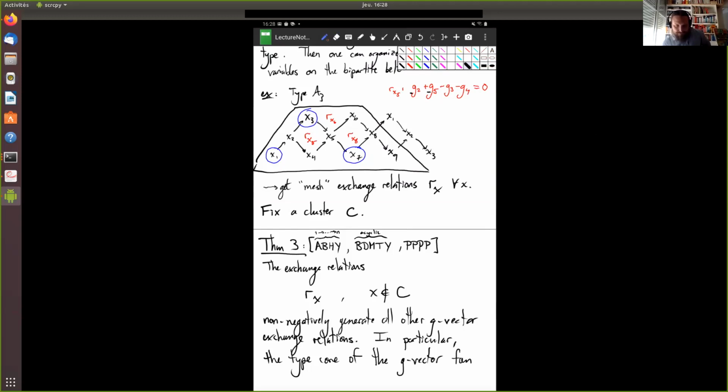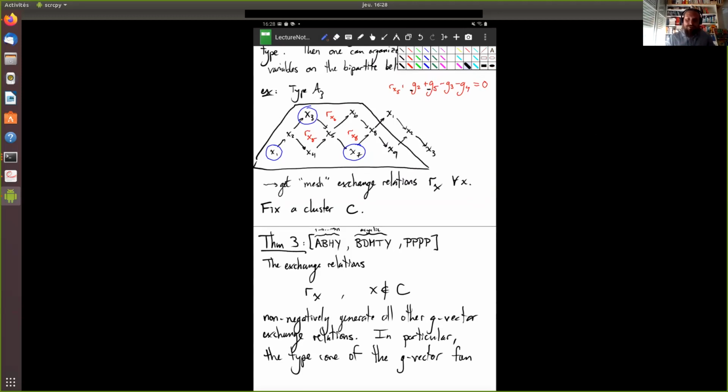So these are relations on the G vector that you can already see in the paper of Fomin and Zelevinsky on G vectors. If you just perform sink mutations, you will obtain those. But what we can prove is that if you choose all of these mesh relations, so that's not all exchange relations by all means, it's just a subset of all the exchange relations.